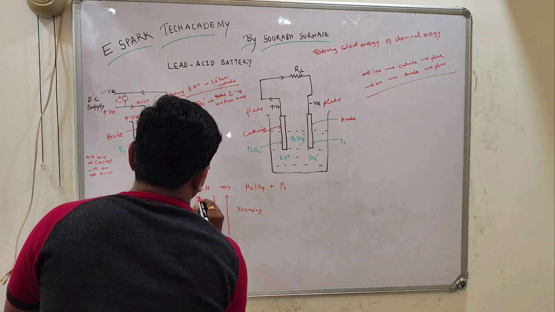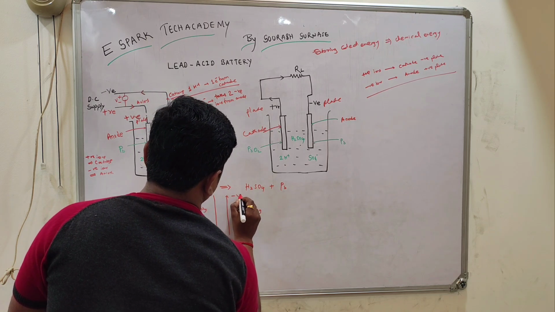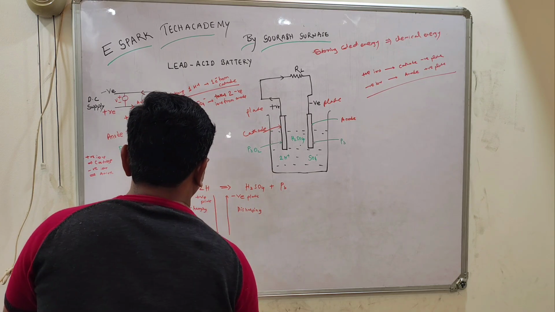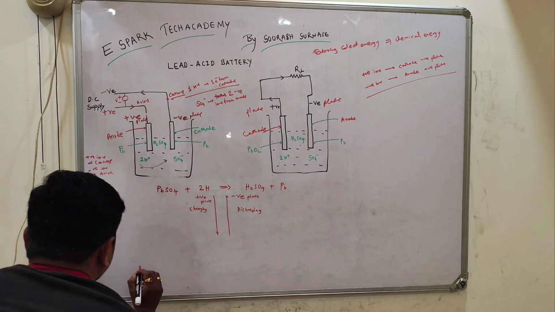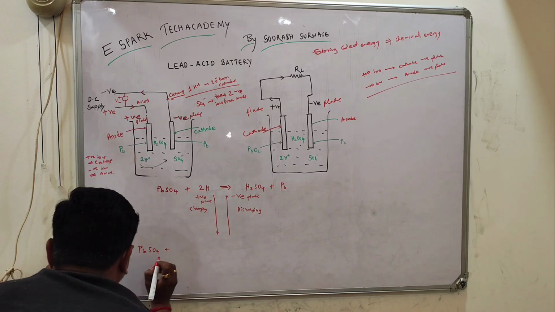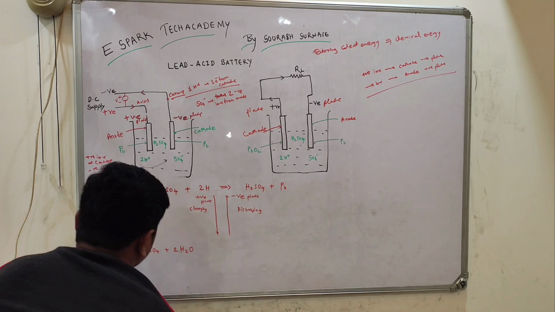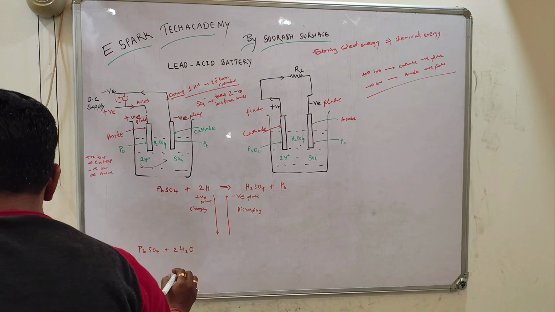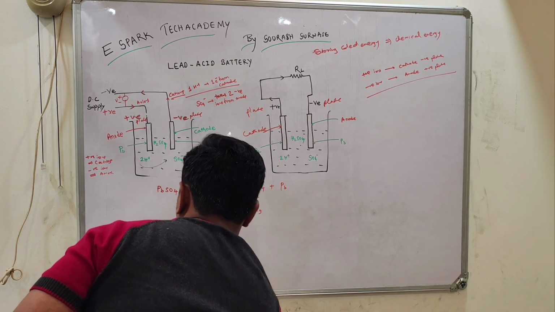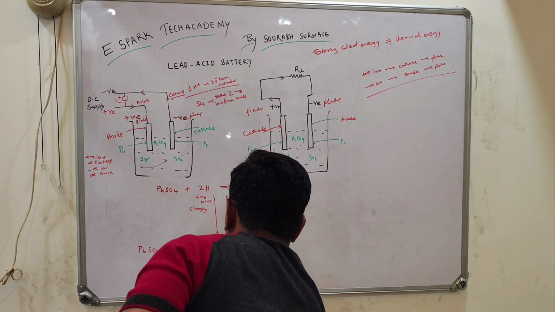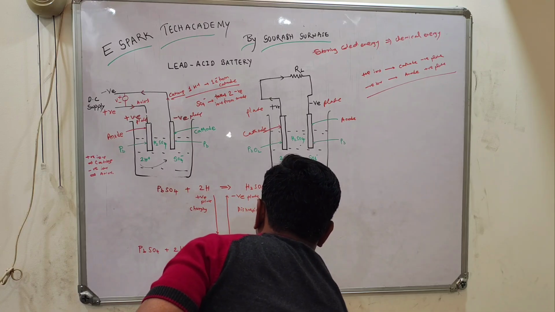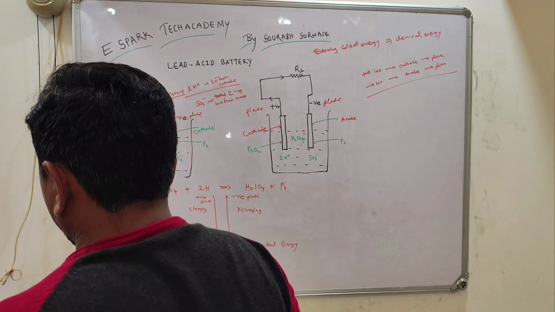This is positive and this is negative plates. The reactions I will write downward. Now PbSO4 plus H2O, which is water, and then PbSO4 will give you electrical energy storage in the form of chemical energy.